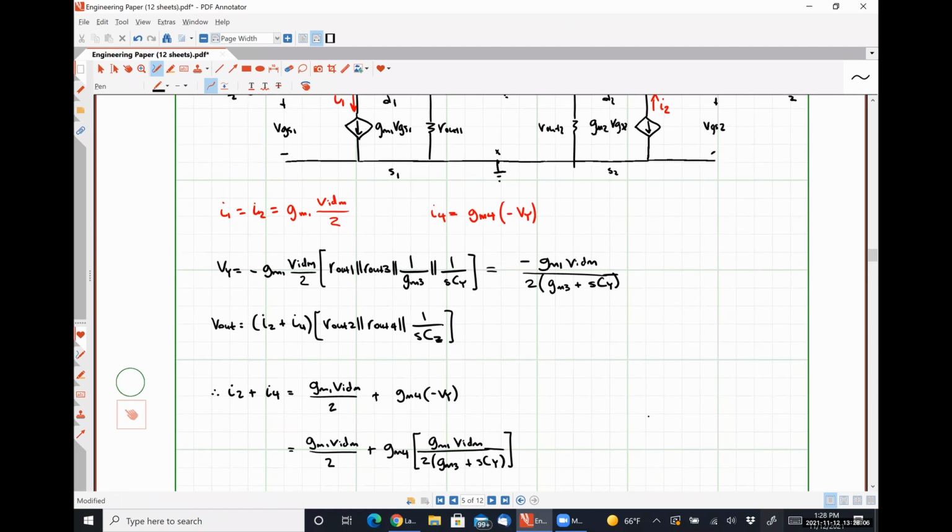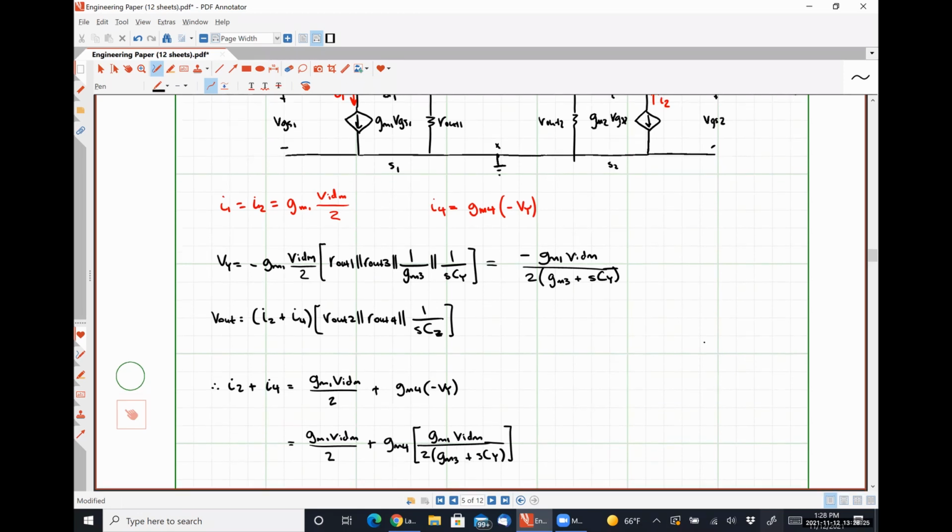So far, I've only done substitutions from the other stuff that we know. All right, so the next thing that I'm going to do is I'm going to multiply the left-hand term by GM3 plus SCY over GM3 plus SCY so that I have a common denominator, right?